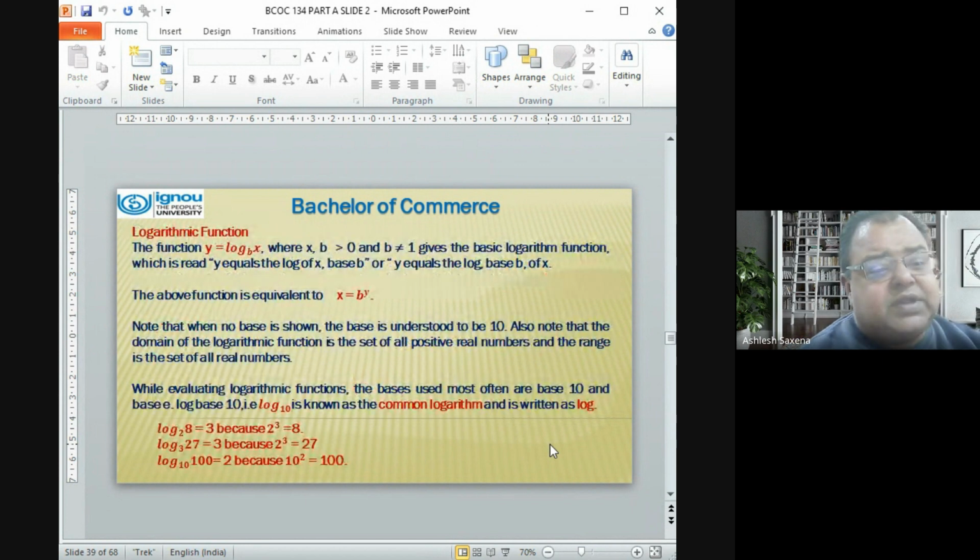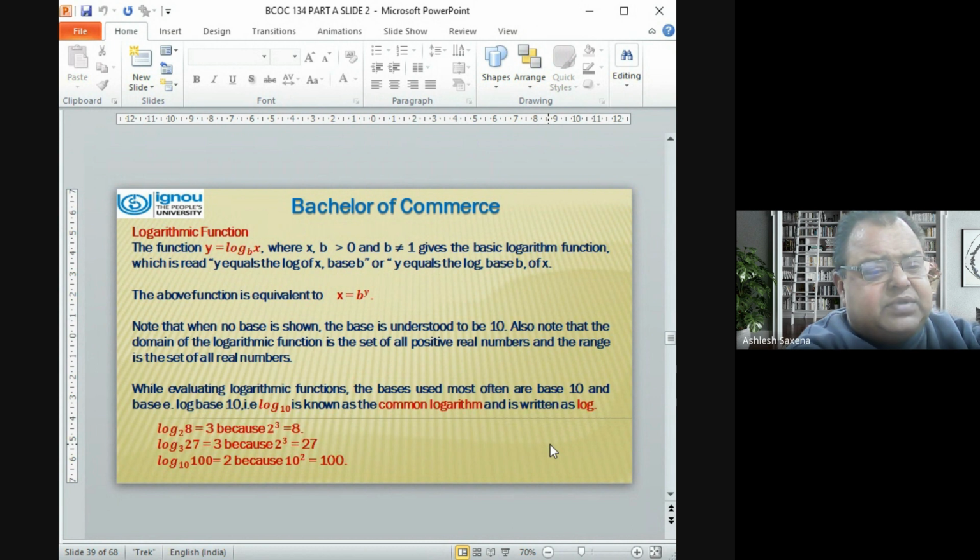Logarithmic function is normally denoted by y is equal to log x to the base b, where b will be greater than 0 and b cannot be equal to 1. This gives the basic logarithmic function, y equals log x.